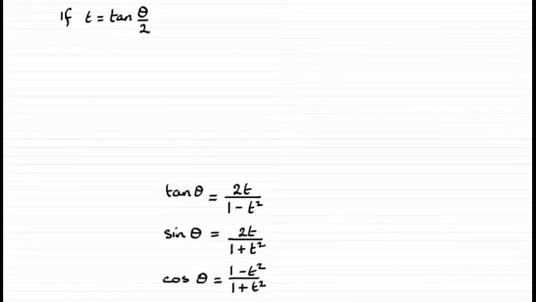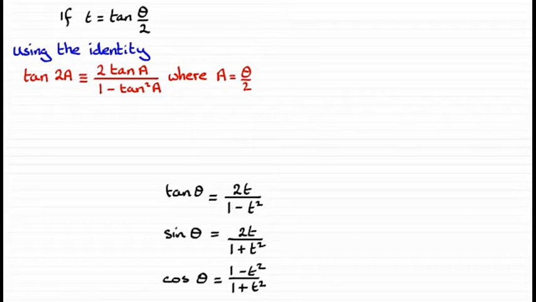You need to know the trigonometric identity. You should be familiar with this already, the double angle one for the tan of 2a. Remember, it's identical to 2 tan a, all divided by 1 minus tan squared a. Now, if we let a equal theta upon 2, then 2a would clearly be theta.